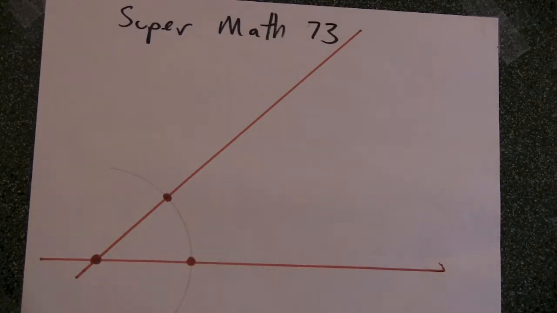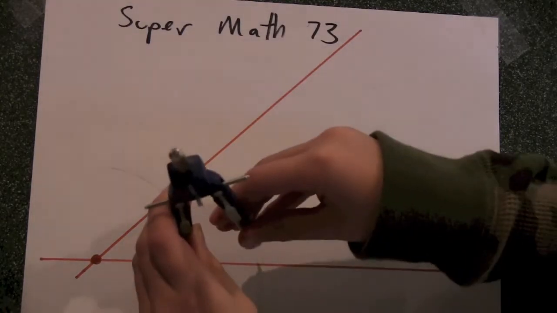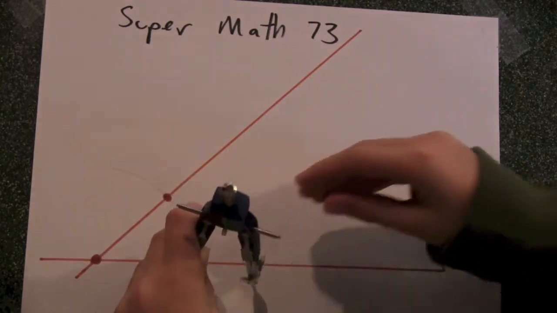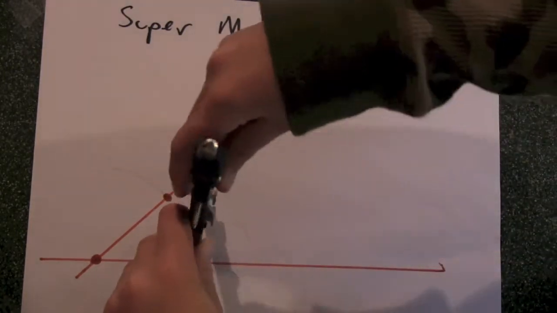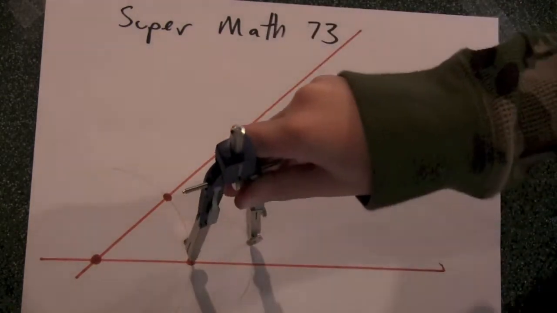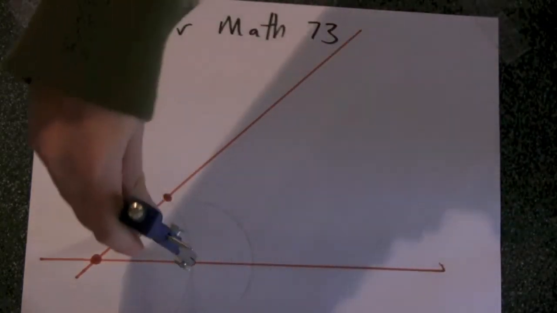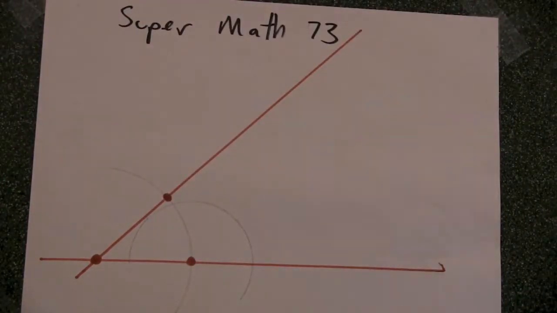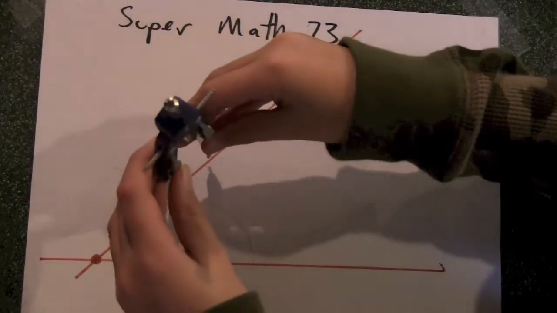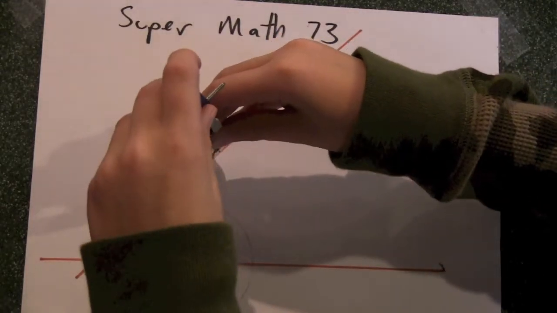So now I'm going to construct a circle with this point as its center. Okay. There. All right. Then I'm going to do the same thing here.